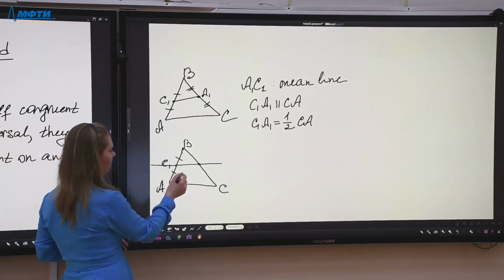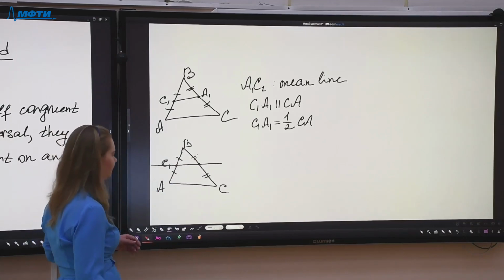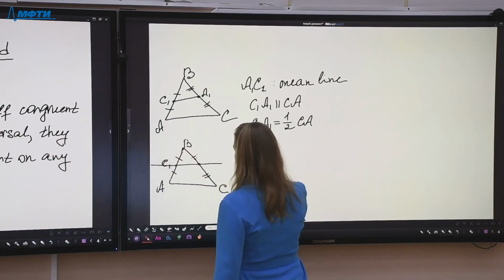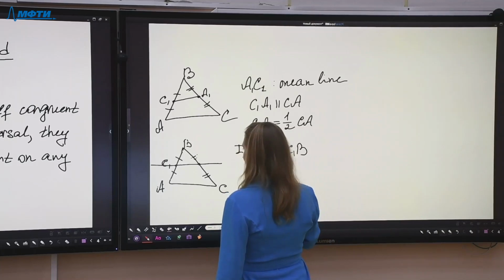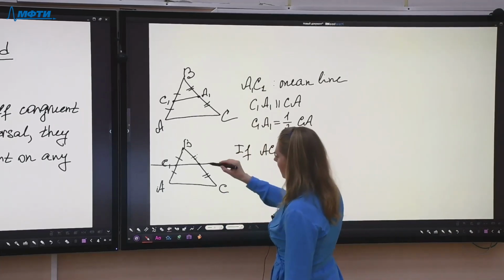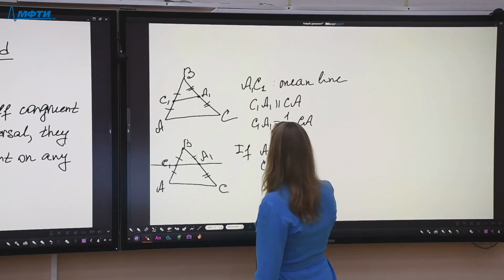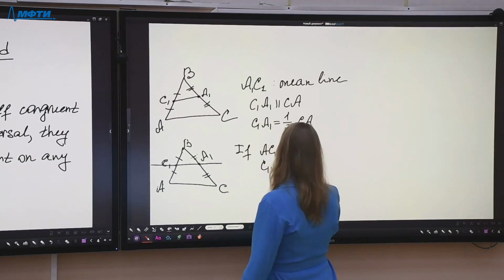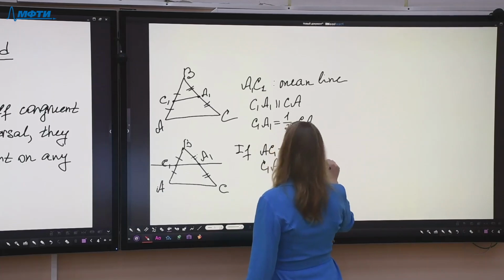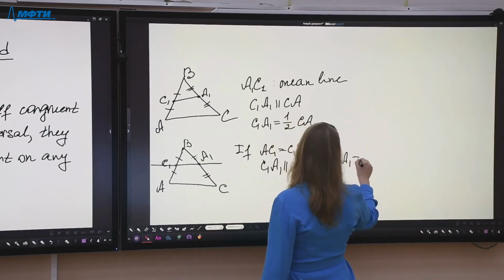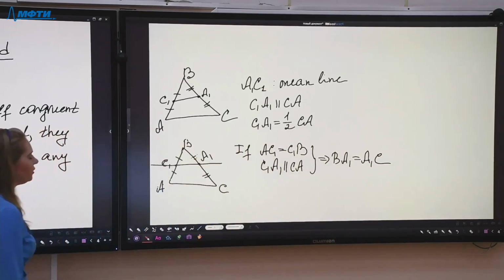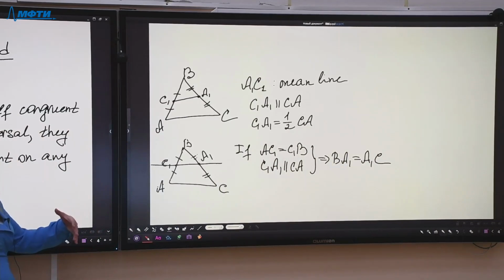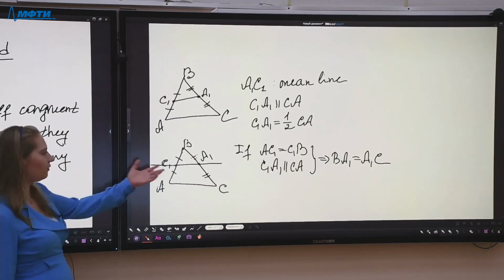So if AC1 equals C1B, and C1A1 is parallel to CA, it means that BA1 equals A1C. So if a line passes through a midpoint of one side and is parallel to the second side, it passes through a midpoint of the third side.